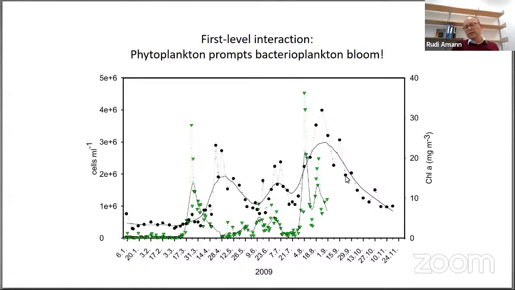This is the full year, and you see that there's also a summer and a fall situation. Additional blooms follow up, usually 2 to 3 well-defined blooms. But that's the 2009 situation, and the 2009 situation is perfect because it was a deep winter minimum of phytoplankton and an explosion that was very discrete.